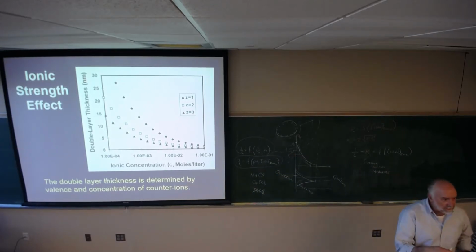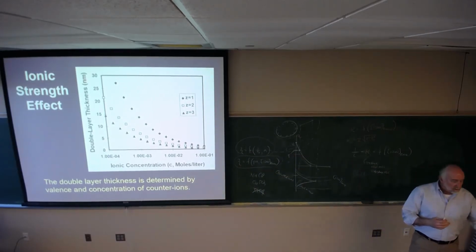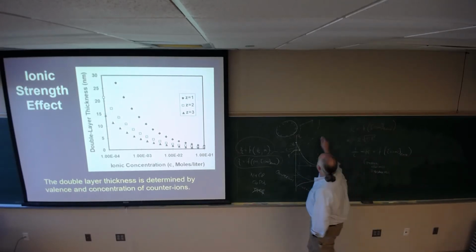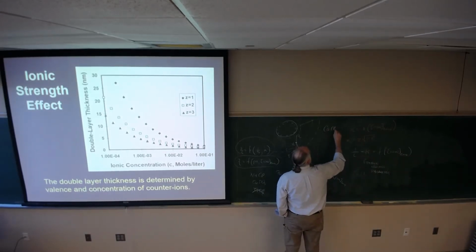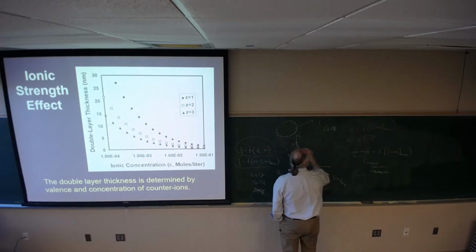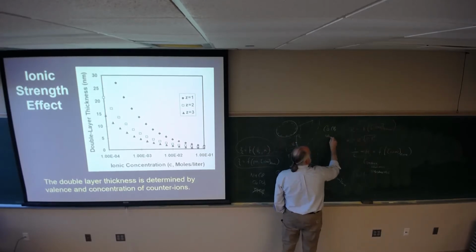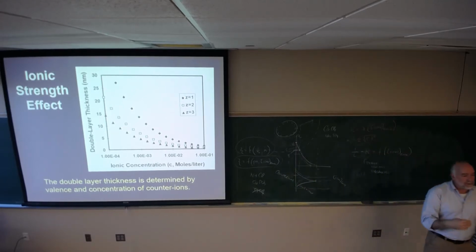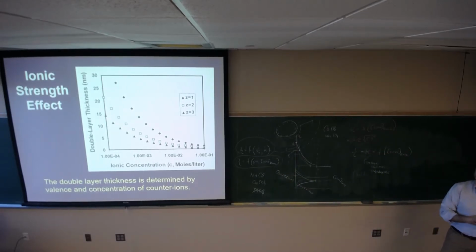So symmetrical electrolytes means I have a monovalent anion and a monovalent cation, or a divalent cation and a divalent anion. The problem is that calcium chloride, for example, based on this approximation, would be equivalent to sodium sulfate, because it doesn't distinguish between which charge is where.